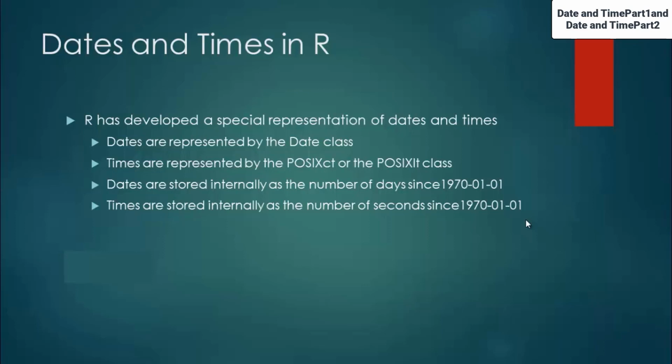In any programming language, dates are stored internally as the number of days since 1970 1st January. Times are also stored internally as the number of seconds since 1970 1st January. For example, if you have the day 1971 January 1st, it will be stored as 365 or 366 based on the number of days since 1970.